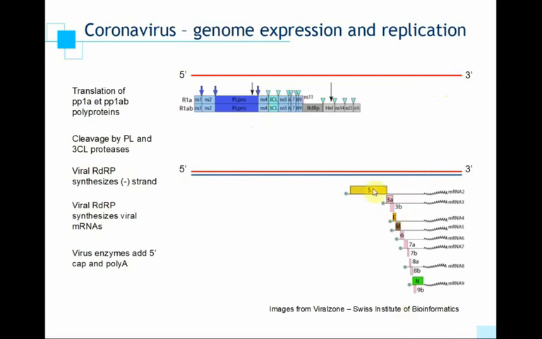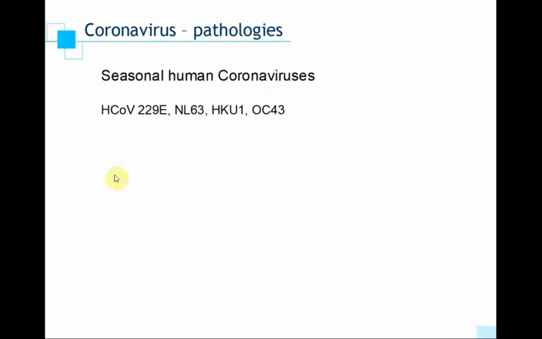These messenger RNAs encode for the structural proteins of the virus particle: S, N, and the membrane protein as well, and they can package up the genomic copies, and they're released from the cell. So 2 points here to remember: 2 enzymes necessary for virus replication, 3CL protease and the RNA-dependent RNA polymerase.